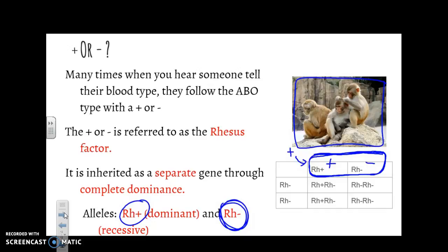So they might be O positive or AB positive. What about this person here that's minus minus? What would they be? They would have negative blood. So it's possible for 2 parents to have positive blood and then have offspring that would have negative blood if both parents were heterozygous.